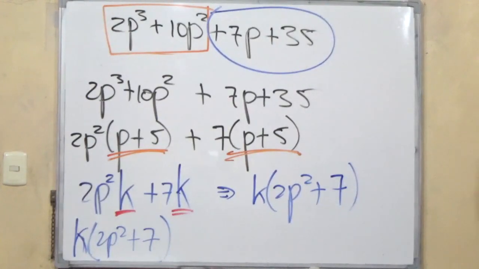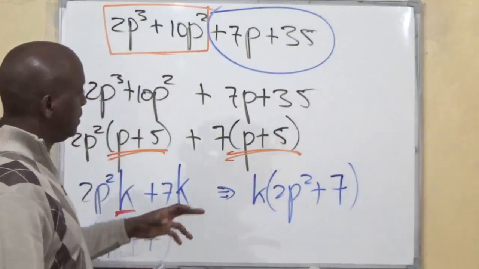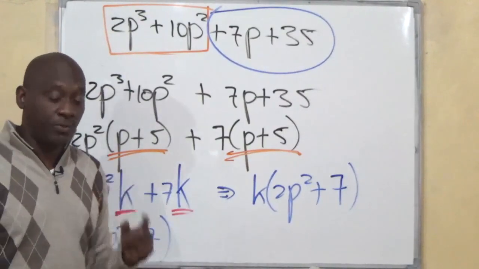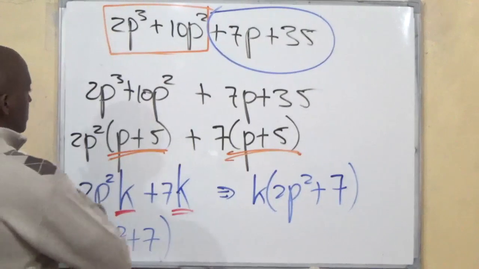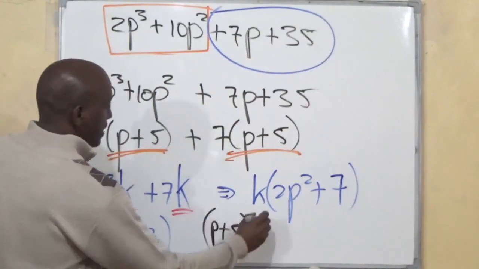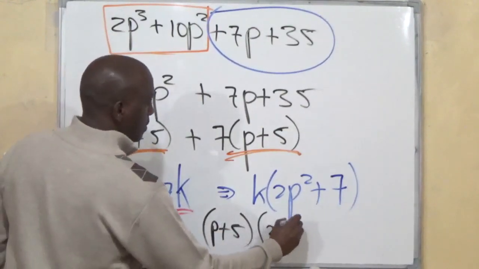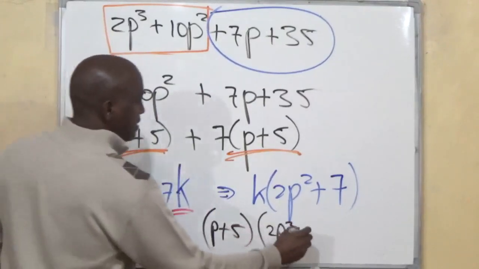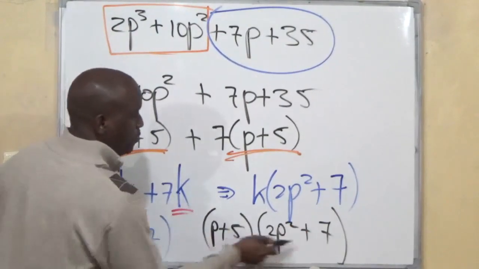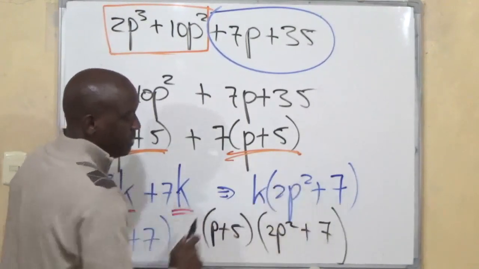Which would then put us in a position where we could take p plus 5 out of this larger expression as the common factor, and what do we get? We will get, and I'm jumping down here in black now, p plus 5 on the outside into 2p squared plus 7. p plus 5 into 2p squared plus 7. The same way that you ended up with k into 2p squared plus 7 here.